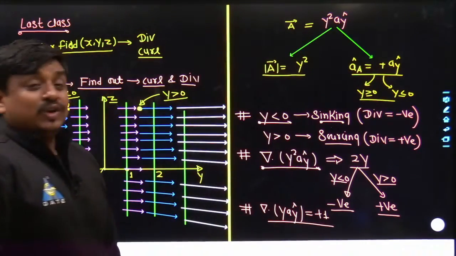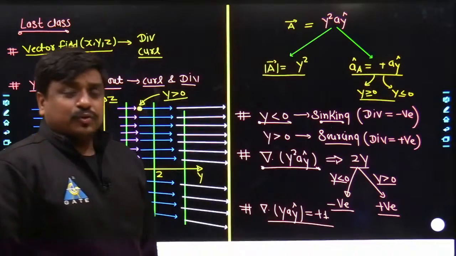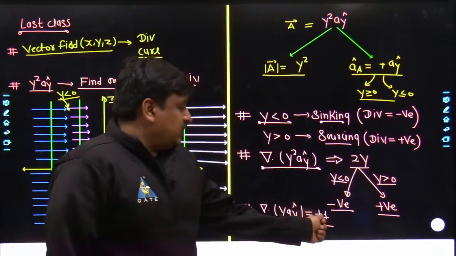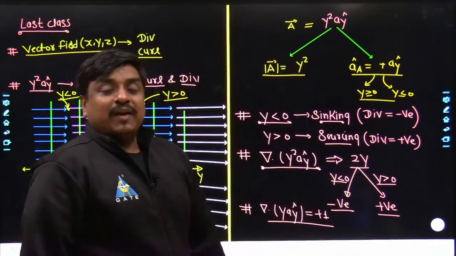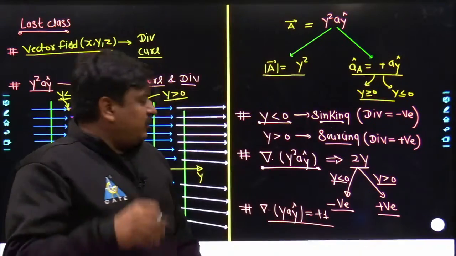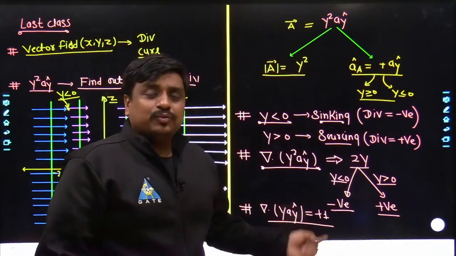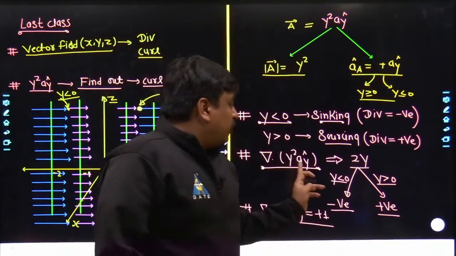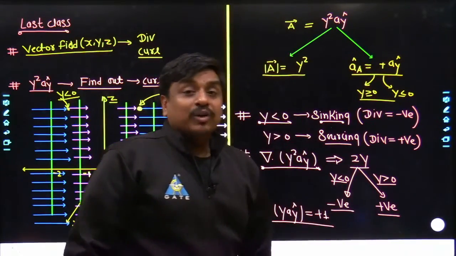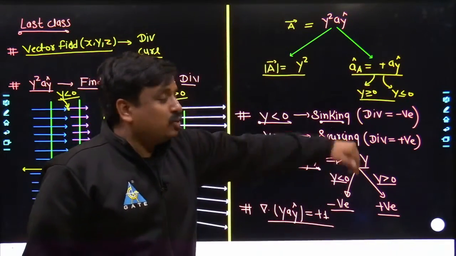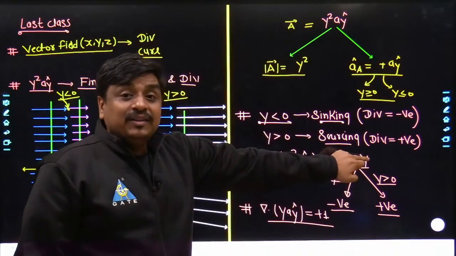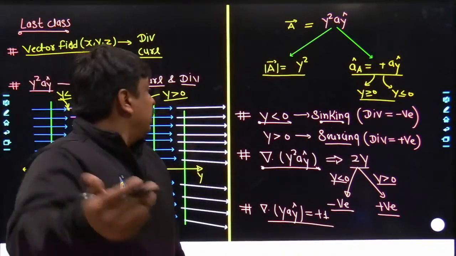Anyways, I am not focusing on its polarity, I am just focusing on its magnitude. You can see very well, the magnitude is 1 everywhere. What does that mean? That means the behavior of sourciness is constant throughout the length of x, y, z. But here, the behavior of sourciness or sinkiness depends on the value of y. As y increases towards the positive side, the value of sourciness increases. You can see very well why.